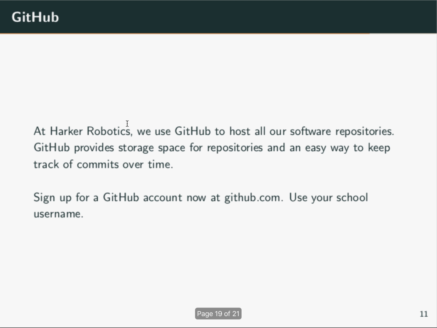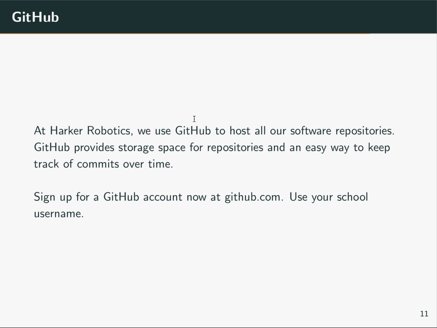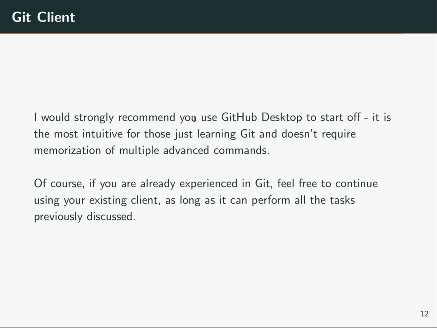Alright, finally, using Git. So we talked about GitHub, and as you're watching this video, if you don't already have a GitHub account, you can go to github.com and use your school username to sign up for now. And then from there, we have to use some sort of client to actually interface with Git.